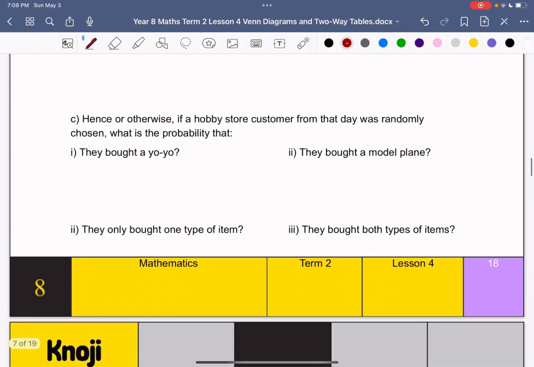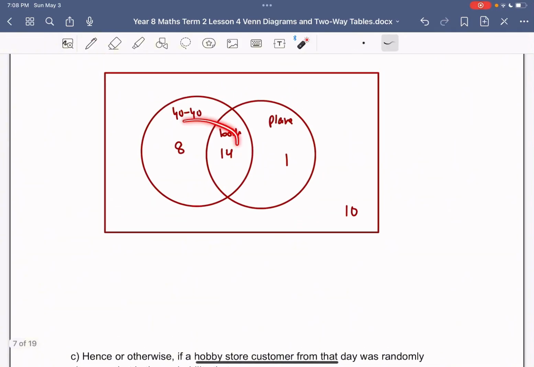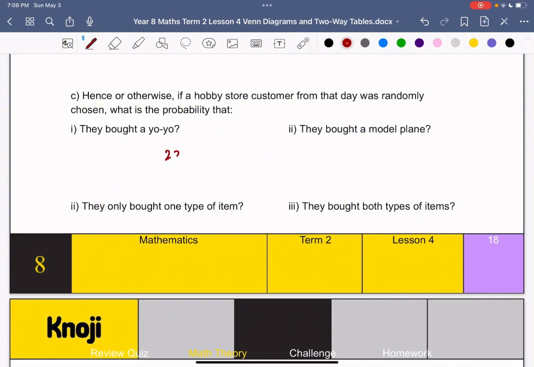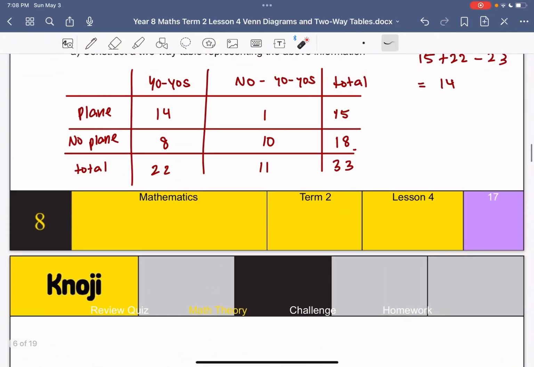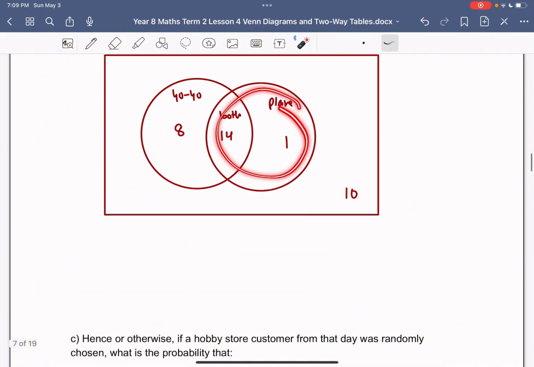Now, hence or otherwise, if a hobby store customer from that day was randomly chosen, what's the probability that they bought a yo-yo? Now, total yo-yos over here was 22. So the probability that they got a yo-yo was 22 over my total, which was 33. If we scroll up here, we can see 33. Bought a model plane, we can see the total for just plane is 15.